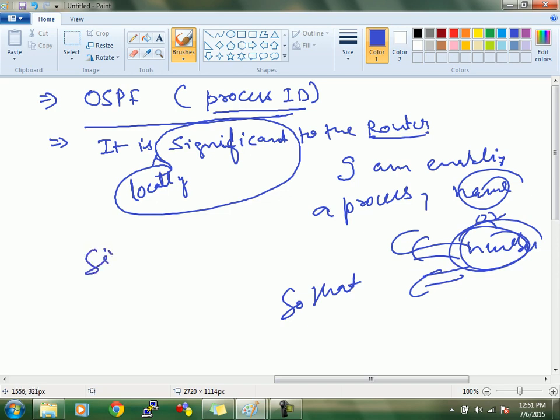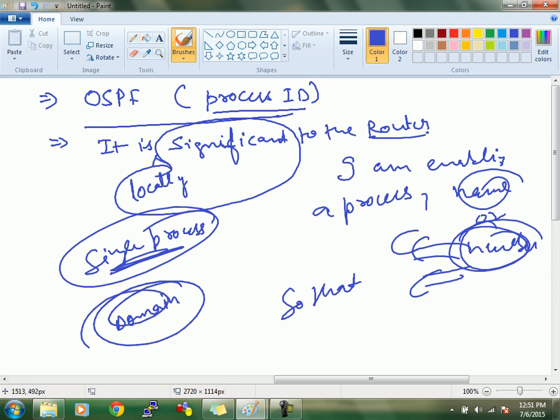We will run a single process, because to define the domain, everything depends on the domain. If you remember, in case of EIGRP, between two routers, what thing was specifying the domain? AS. So we have something like AS in OSPF also.